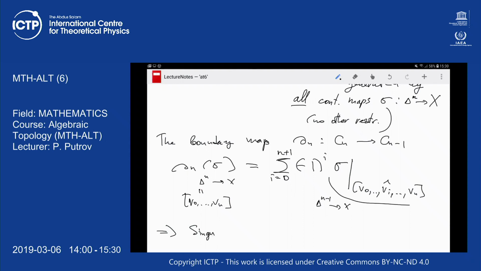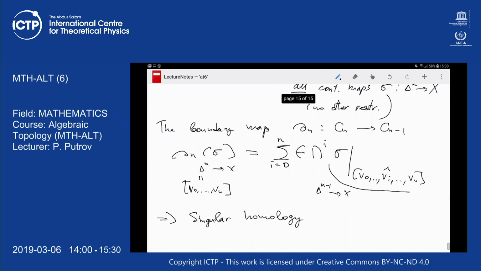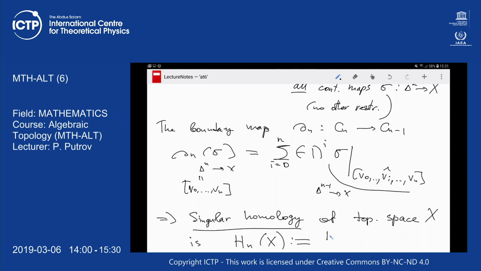There is a typo, the upper n should be n, right? Oh yes, we start with 0, with n plus 1 terms. Then singular homology of a topological space X is defined as Hn of X, again as the kernel of Dn divided by the image of Dn plus 1.